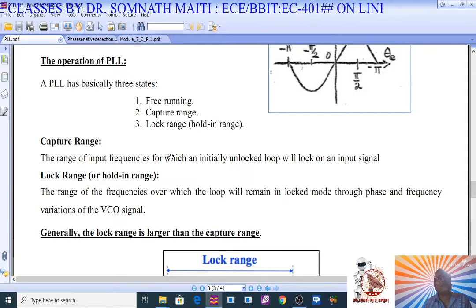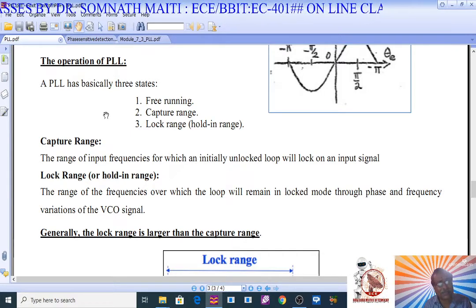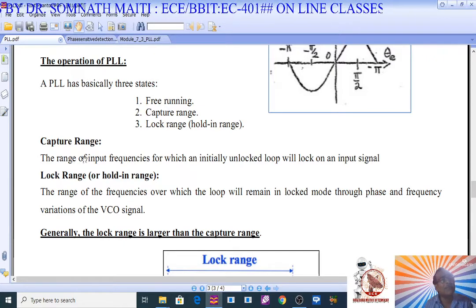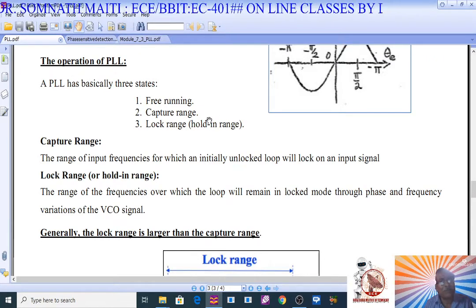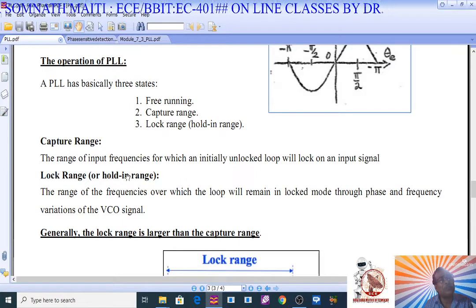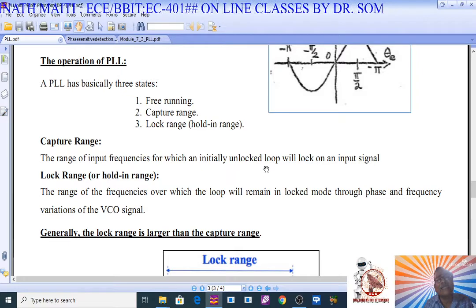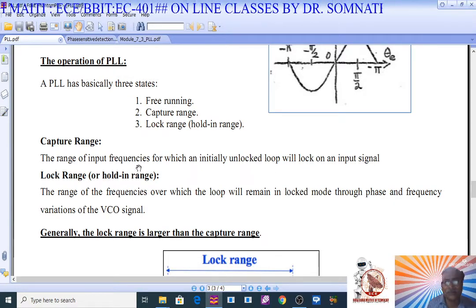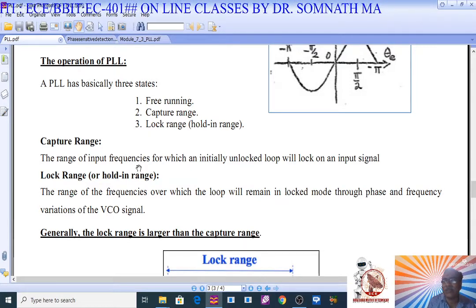Now suddenly an incoming signal is applied. The incoming signal may be FM or PM. Let's see what happens. Then the capture process, I have already explained. It is the range of input frequency for which an initially unlocked loop will be locked. Range of frequencies, that means it depends upon the frequency of the incoming signal.